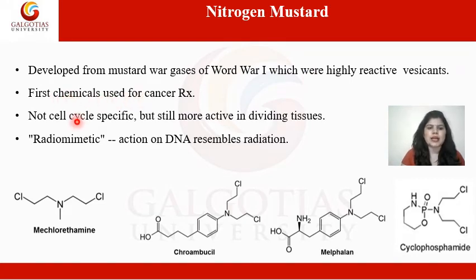They are not cell cycle specific; they do not act on a particular phase, but are still more active in dividing tissues. They are radiomimetic, meaning their action on DNA resembles that of radiation. The drugs under this category are mechlorethamine, chlorambucil, melphalan and cyclophosphamide. These are the structures of these drugs.